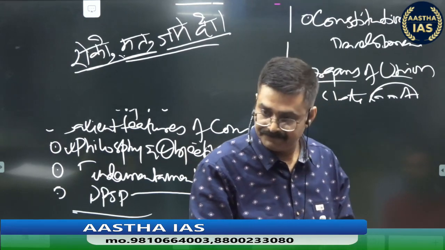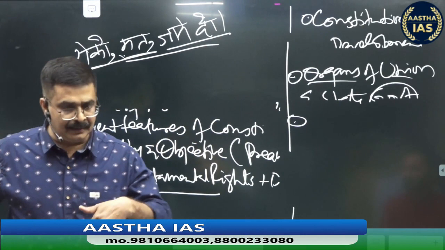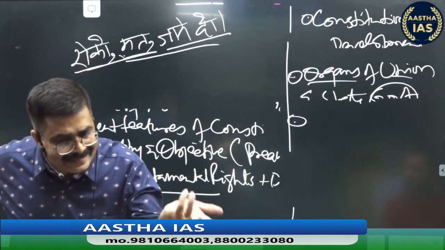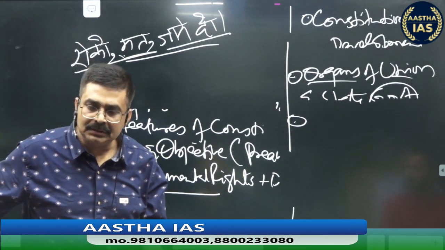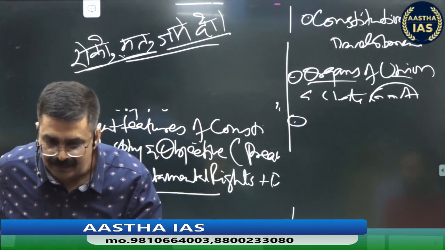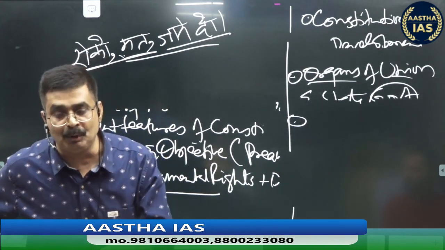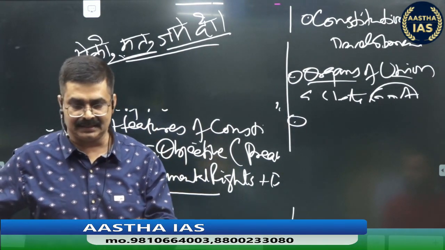Sir, but in the case of National Judicial Commission, why was it not accepted there? Because that is limiting the liberty of the judiciary. Have you gone through the provisions of the NJAC? Yes, sir. One of the conditions was that transfer and posting will be in the hands of the executive.